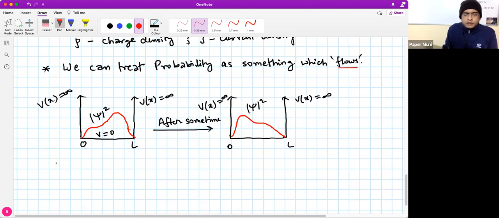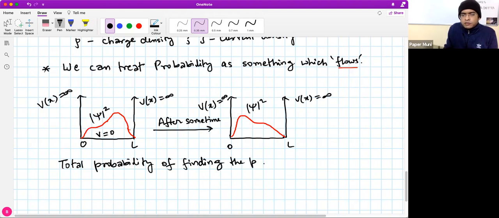Whatever the wave function be, whatever the probability distribution be, one thing remains constant: the total probability of finding the particle inside the box, the potential box, is always 1.